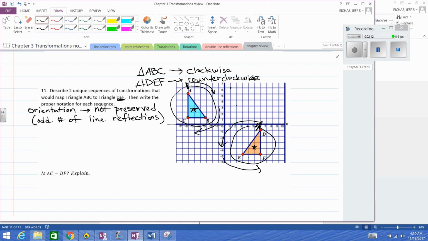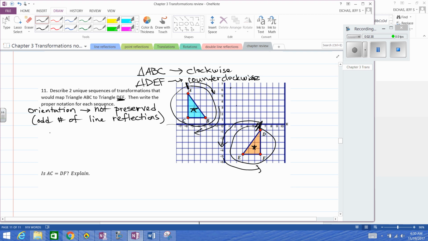So what I think I'm going to do is stick to line reflections that are vertical lines, and hopefully that's going to make my sequence a little easier to manage. Otherwise, like I said, I just don't want to have to rotate too. So I'm going to use probably a line reflection over a vertical line and then a translation to map it.